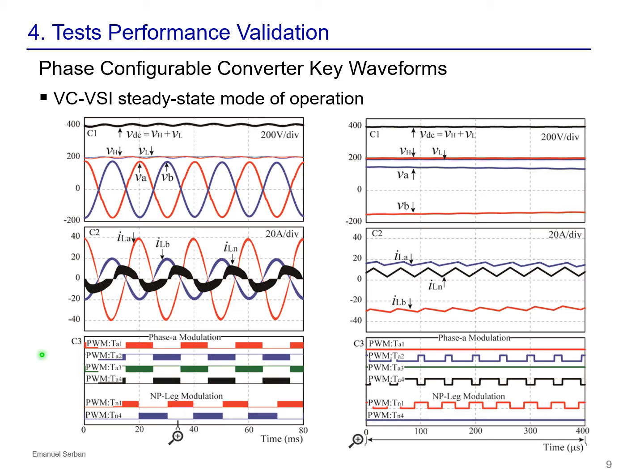The waveform details are shown on the right hand figure with the phase A and phase B operation at 20 kHz, and the neutral point operates at 50 kHz switching frequency.